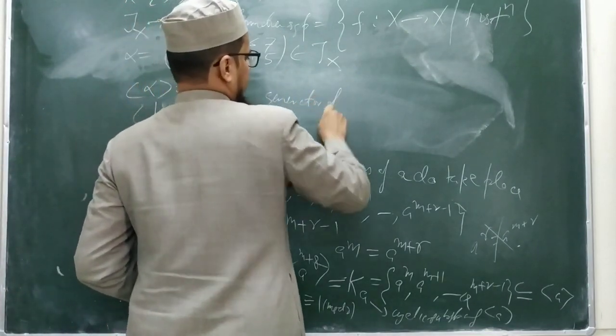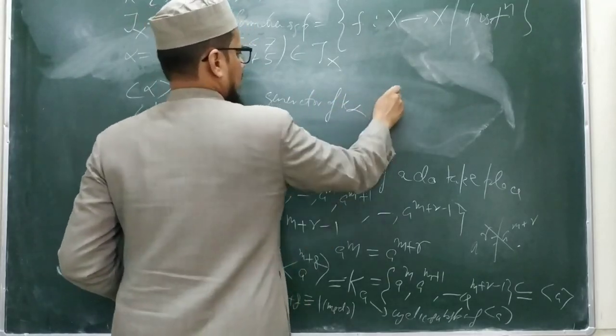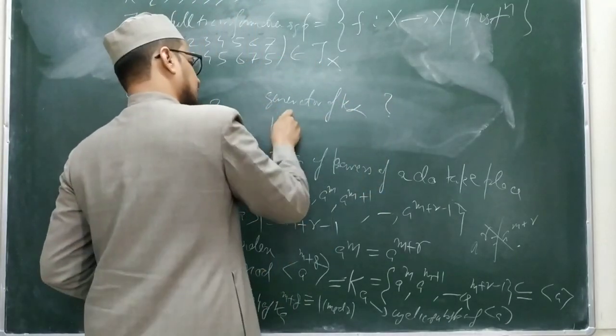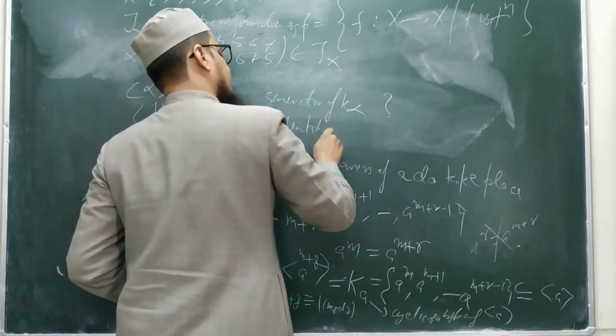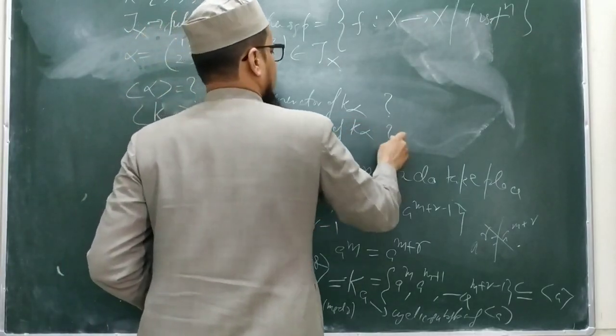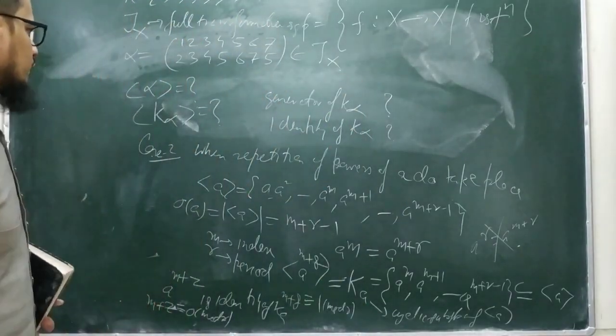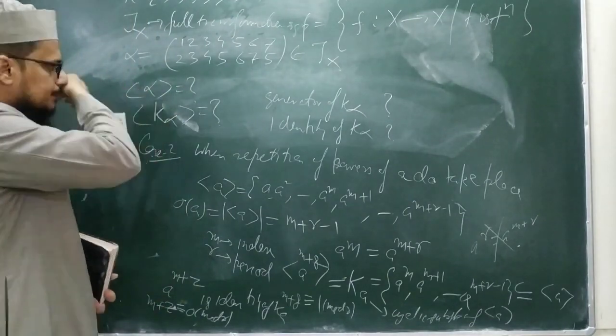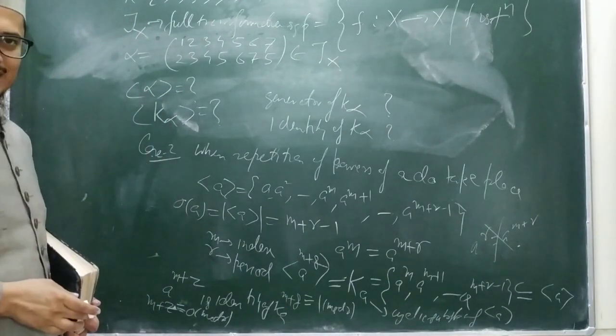You have to find the identity of K alpha. So to find this, what do you have to find out?